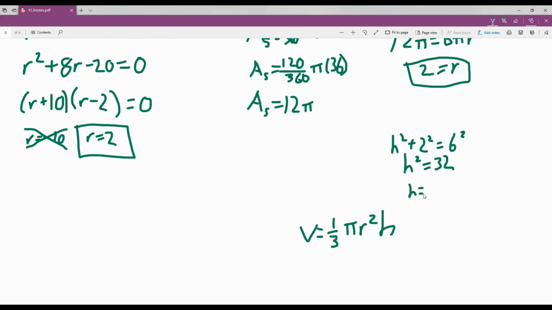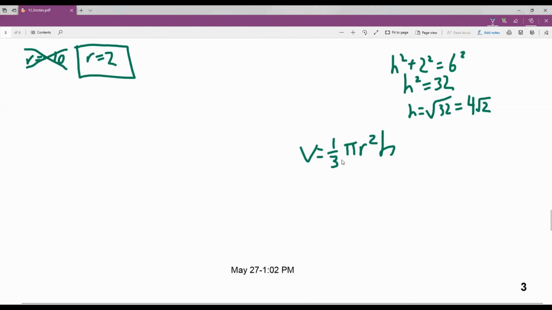So h is equal to square root of 32, which can be written down. Let's see if we can simplify this. So it's equal to 4 root 2. Yes, cool. All right, so now we plug that into the formula.